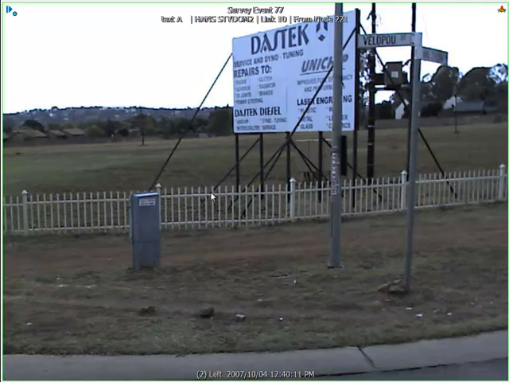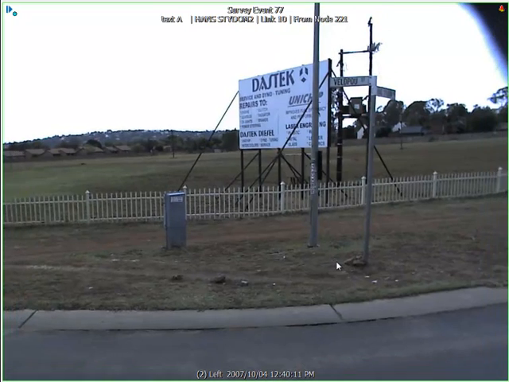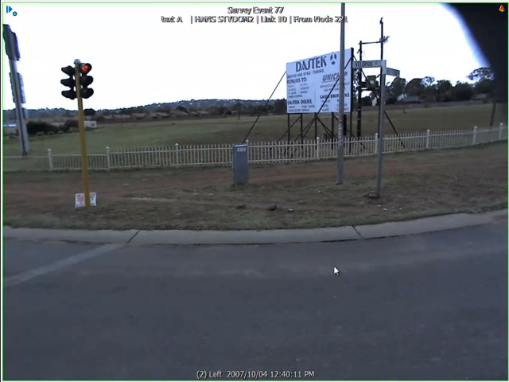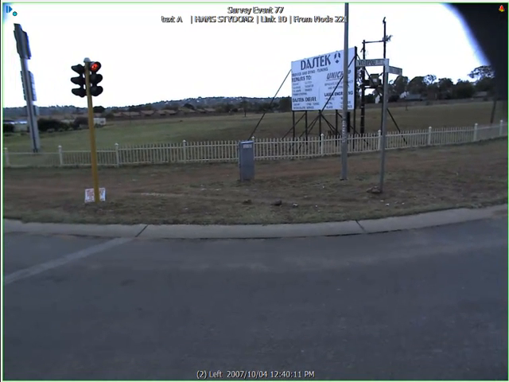The fence, the height of the fence, the electric box, the road name sign, and as indicated, this image is a scalable image and therefore measurements can be done.